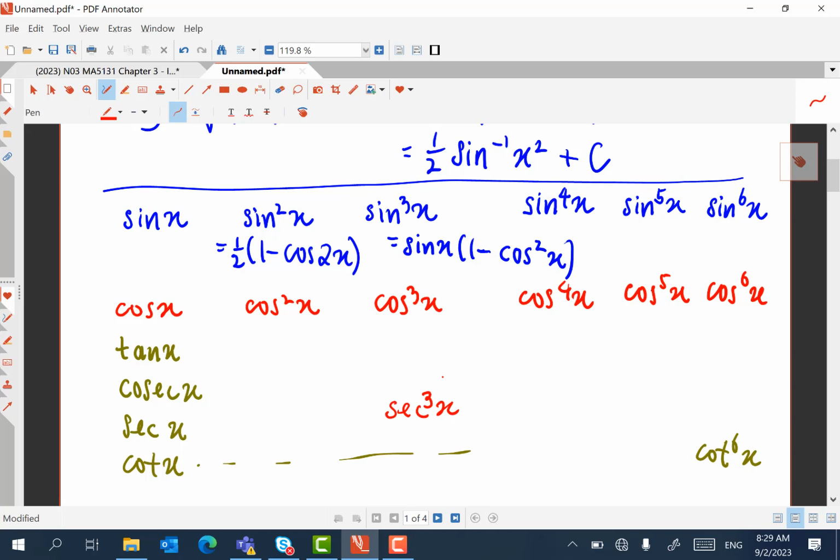It's quite lengthy. I just need you to tell me roughly how secant cube ought to be integrated. It has never been asked in AP, but I've seen this question before long ago in the A-level paper.